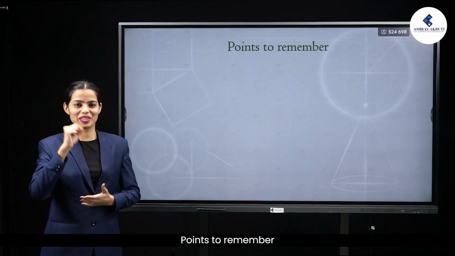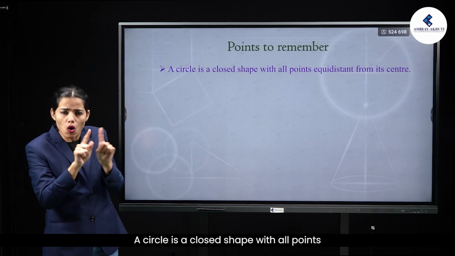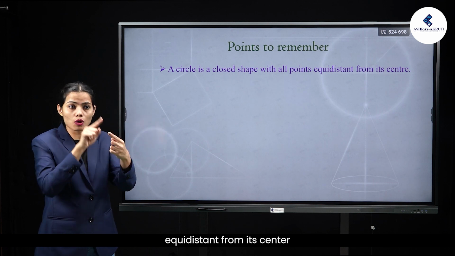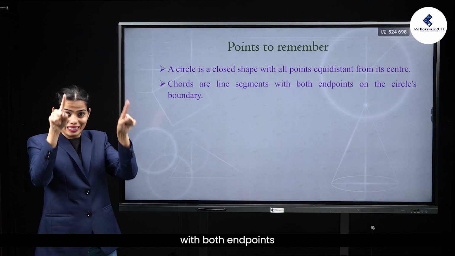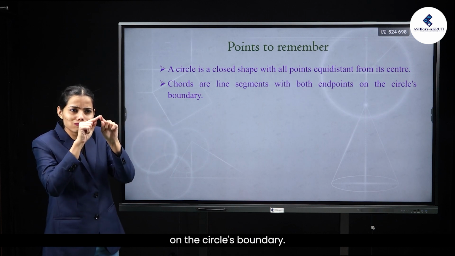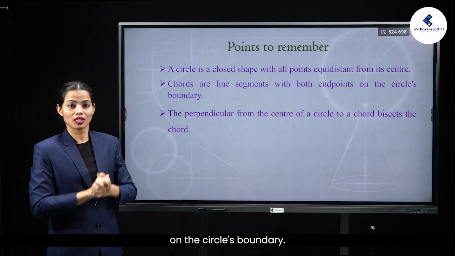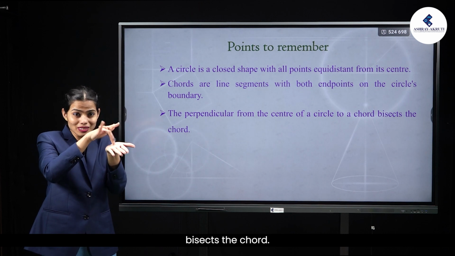Points to remember. A circle is a closed shape with all points equidistant from its center. Chords are line segments with both endpoints on the circle's boundary. The perpendicular from the center of a circle to a chord bisects the chord.